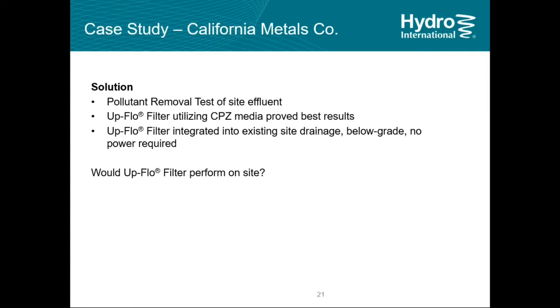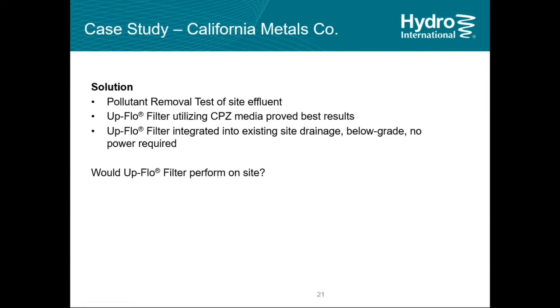The Up-Flo filter integrated directly into the drainage system as shown. It was a below grade system. Essentially we could connect this directly into the existing drain system that was already on site. No power required to run this filter, and that's exactly what was needed for this site.